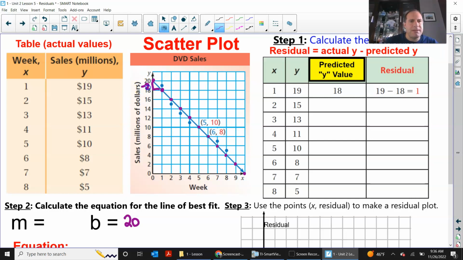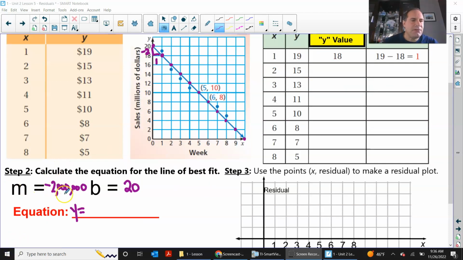I'm going to have a -2, and then this is a 1. And this is in millions of dollars. I put that M there. It's -2 million. So I'm going to have to put that in the equation. And that's going to start at 20 million. That is the equation of the line of best fit.